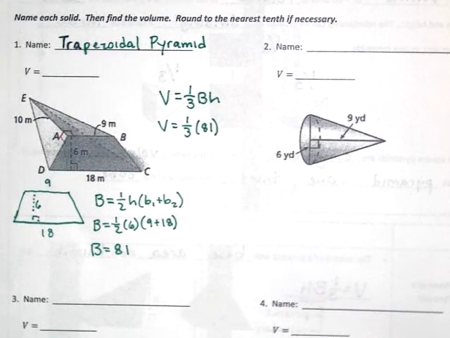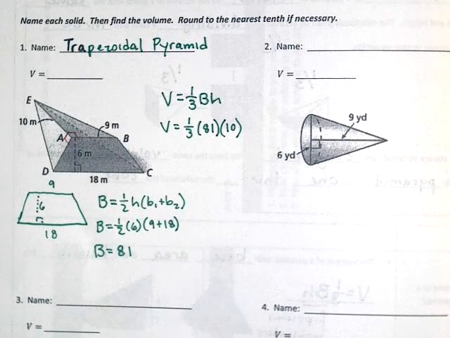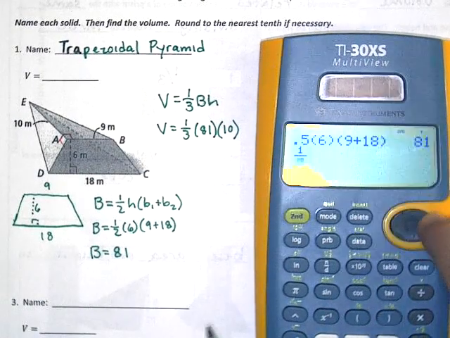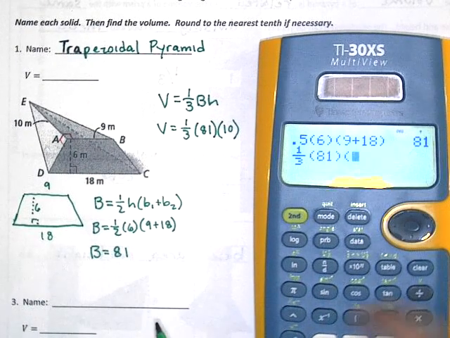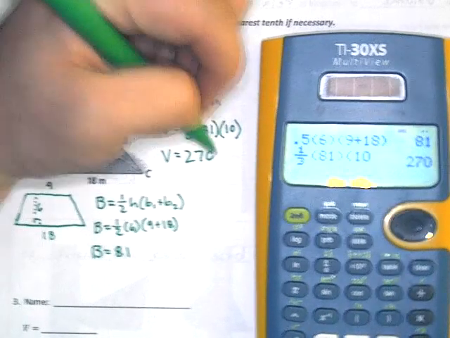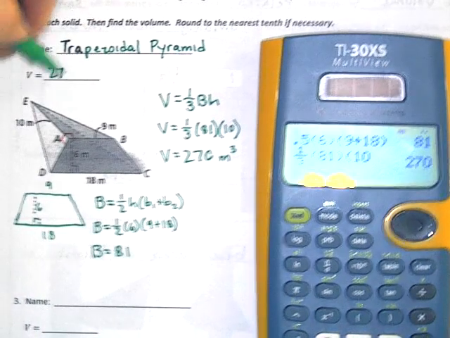So that means I'm going to plug in the height of 10 right there. At this point, it's all calculator. 1/3 times 81 times 10, 270. 270 meters cubed. I'd write it on the line and I'm done with that problem.